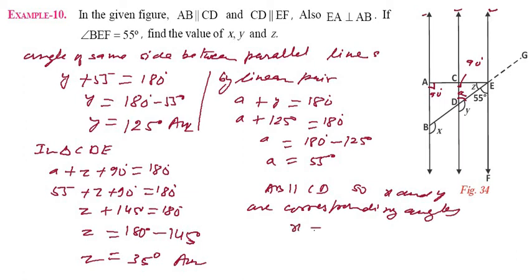That means x is equal to y. So you can put the value of y. Y is 125 degrees. So that one is your answer. So you have to find x, y, z. X is here and y is here and z is here. So you can find all these angles.